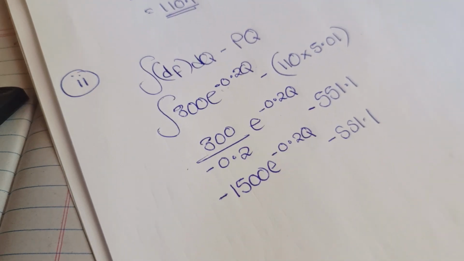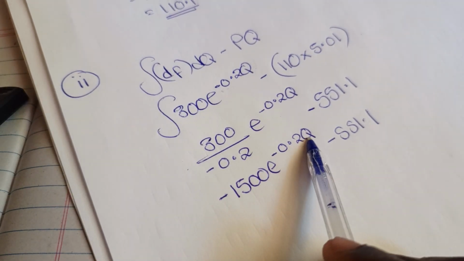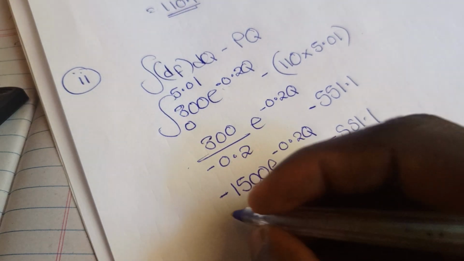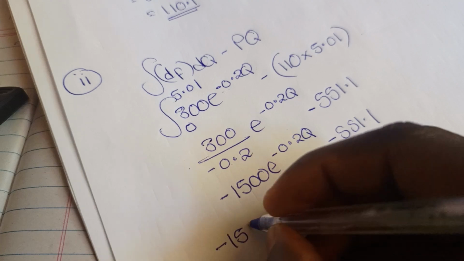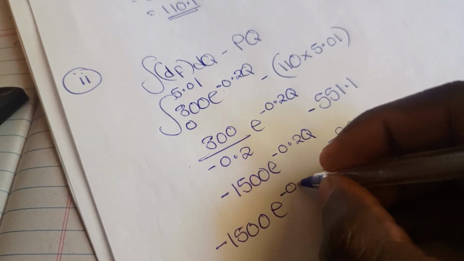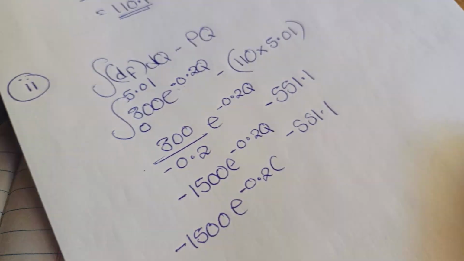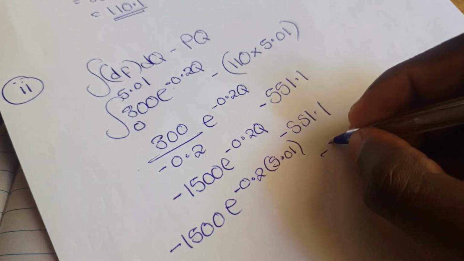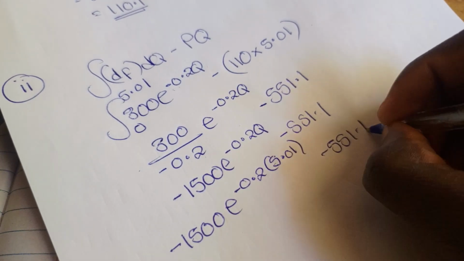551.1, like that. Remember, we are always starting from 0 going to what we have been given, in this case 5.01. So from here we can do the mathematics, where the value for q is 5.01, minus 551.1.